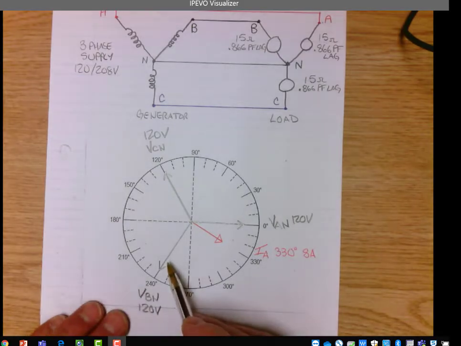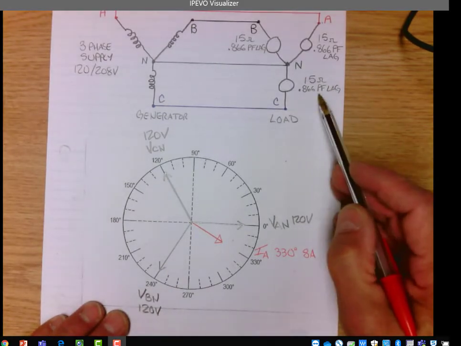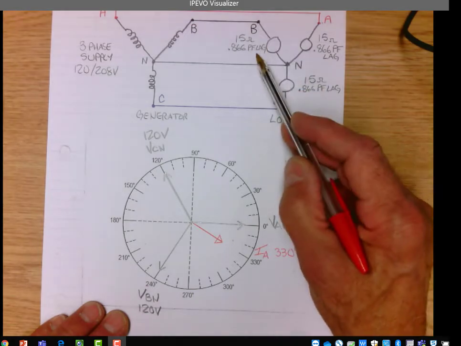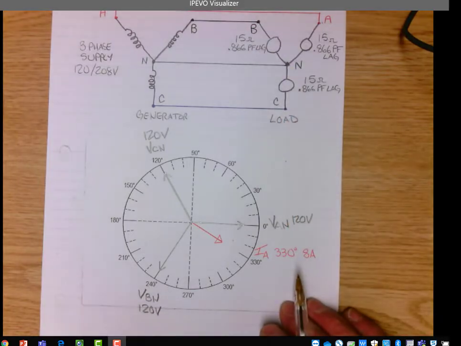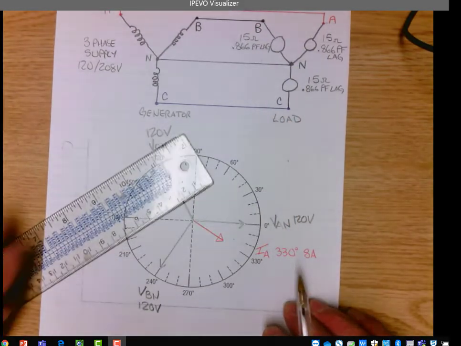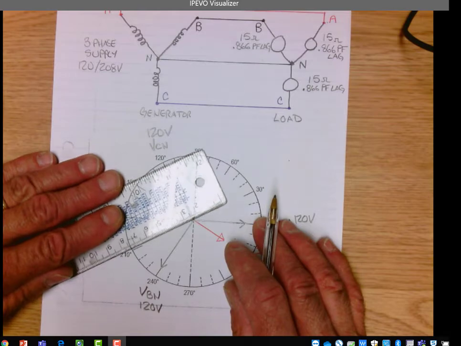For phase B to N, it has the same power factor. So the current is going to lag the voltage by 30 degrees in phase B to N. So 240 minus 30 is 210.